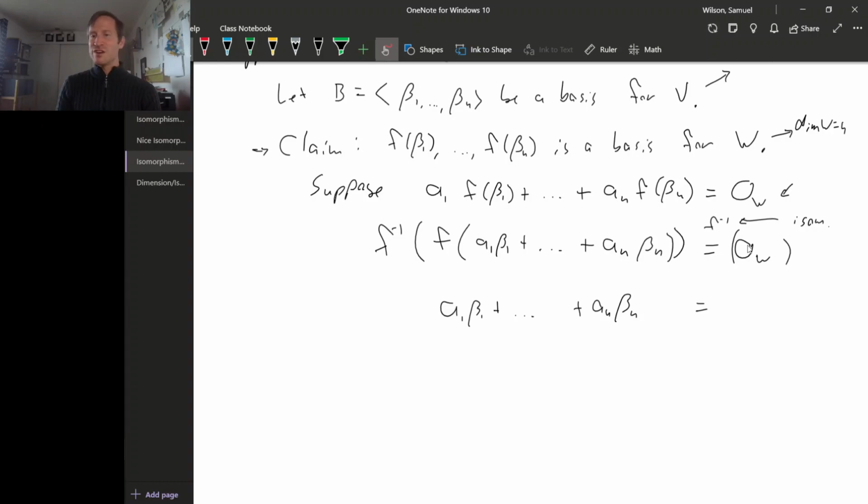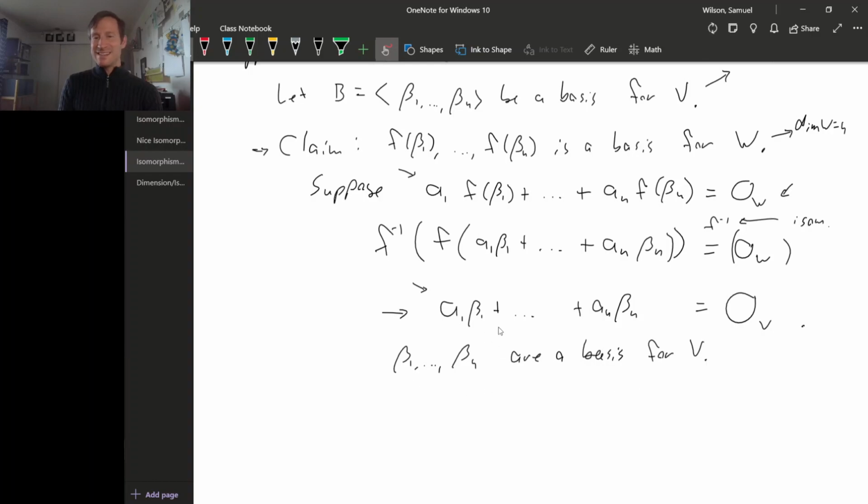So f inverse of the zero vector in W has to be the zero vector in V. Okay, well now we're getting somewhere, because we've turned our linear dependence relationship in W into a linear dependence relationship in V. But remember that beta 1 through beta n are a basis for V.